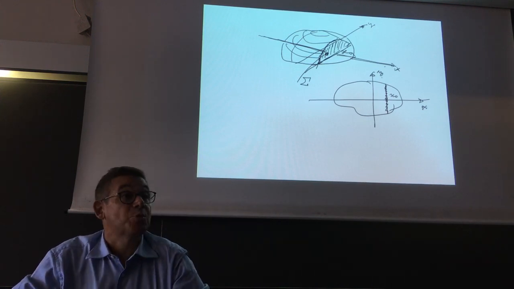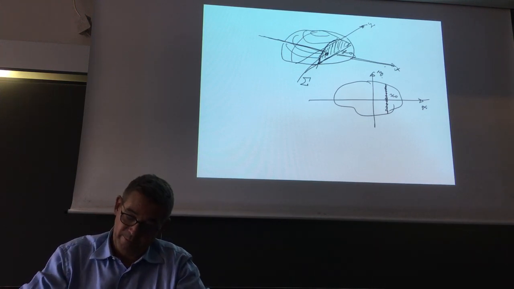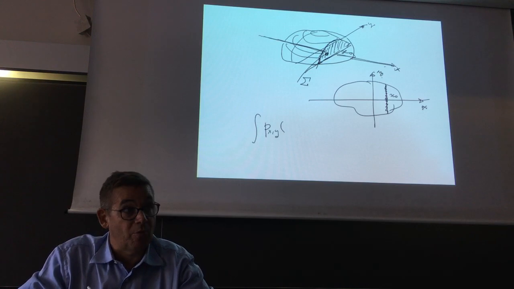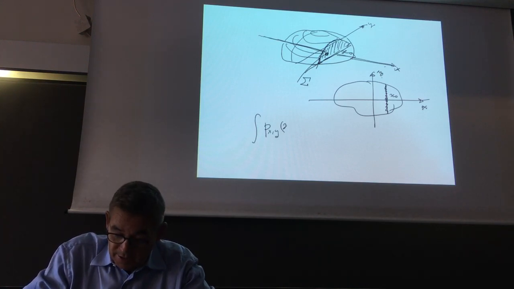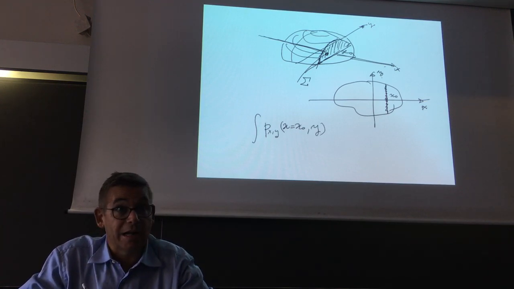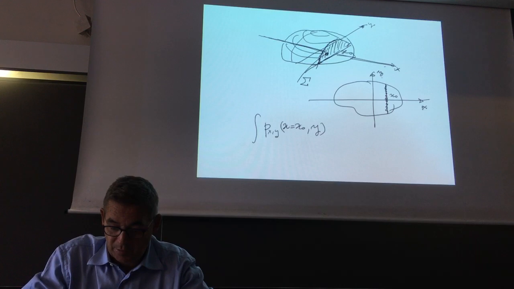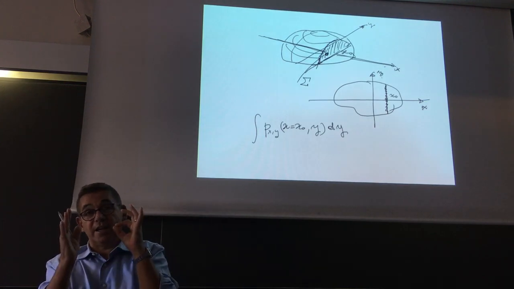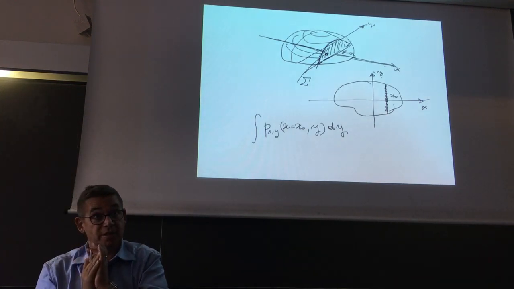Now, let's write what it means. I take p, the two-dimensional one, I fix x, we call it x0, I take y as the integrating variable, and then I integrate over y, dy. So I'm integrating, fixing x, integrating over y.